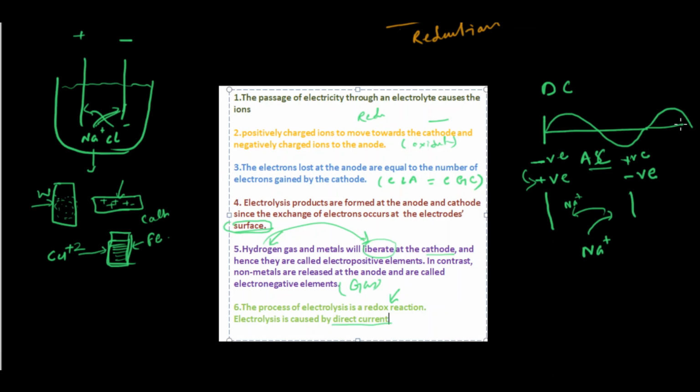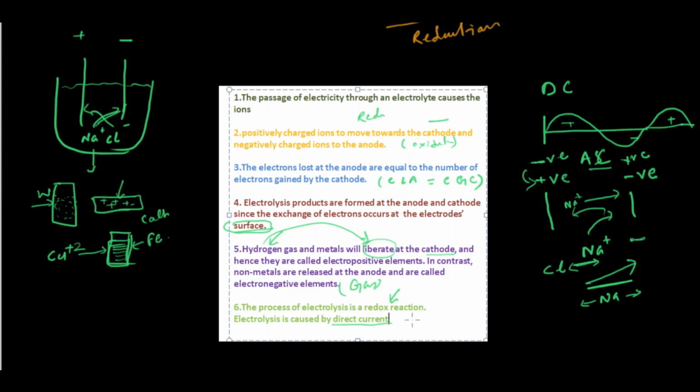One time it was positive, then negative, now negative will be positive again, and Na will be repelled, it will go like this. So instead of drifting towards a specific direction, Na will start vibrating like this. Same will happen with the chlorine also, it will start vibrating. So the molecule will not move, instead it will vibrate like this.